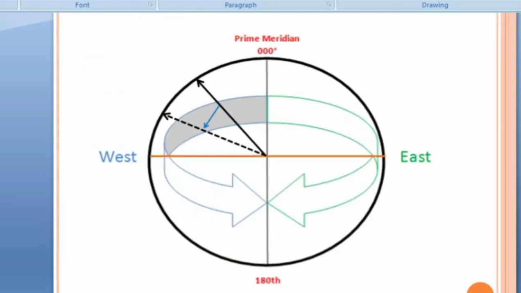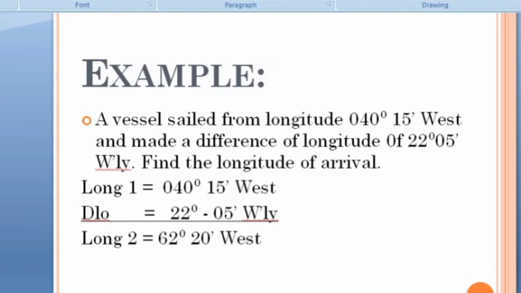Right. So we will be adding the given longitude of departure to the difference of longitude. So we have here 62 degrees 20 minutes west, right?